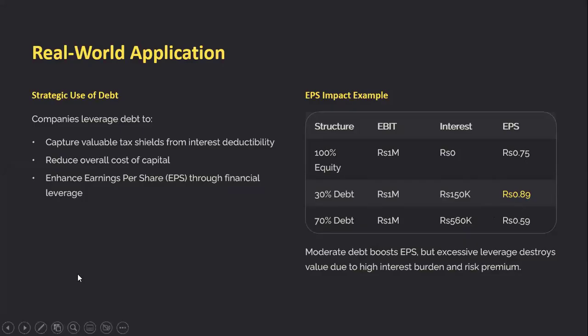Then it starts reducing because I'm paying interest. So when I have more debt, more interest is paid, then EPS is lower. So I need to find a structure where the combination is there, because 100% own or 100% borrowed will not enhance my profitability. For our example, because I'm taking only three rates, 30% is optimum. It's not too low, not too high. So I can select this combination.